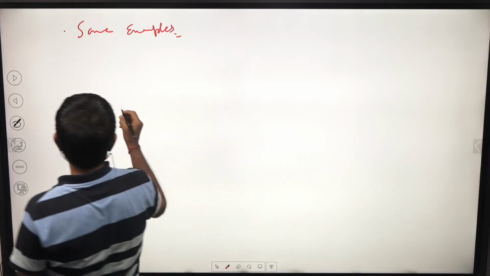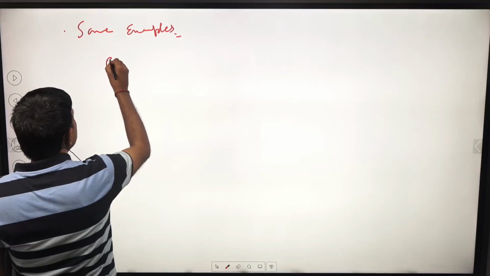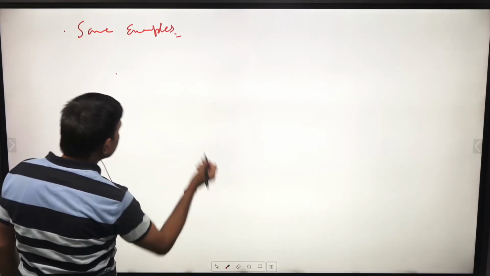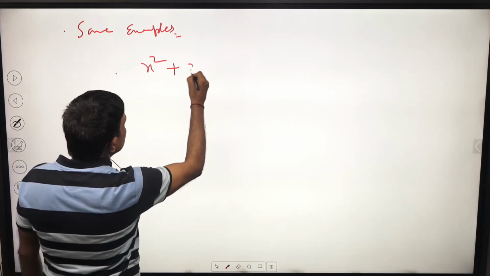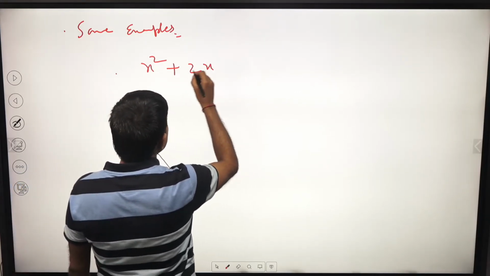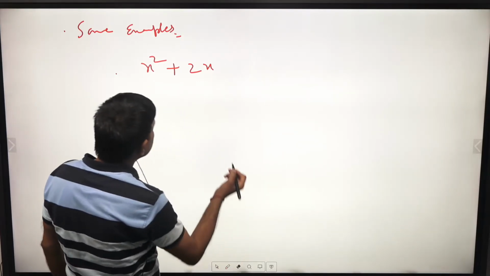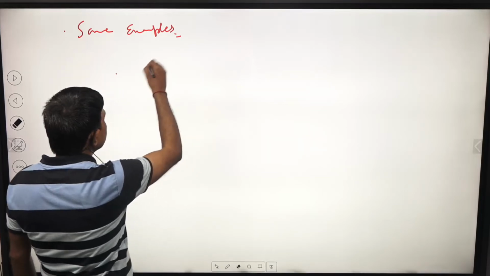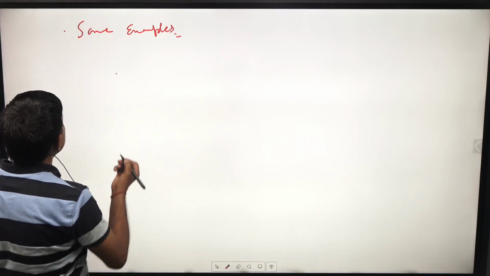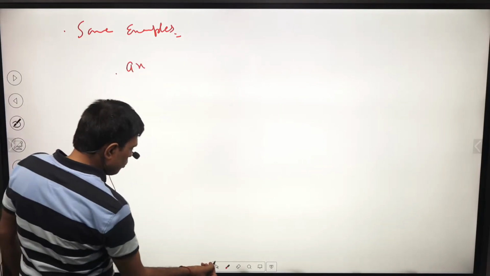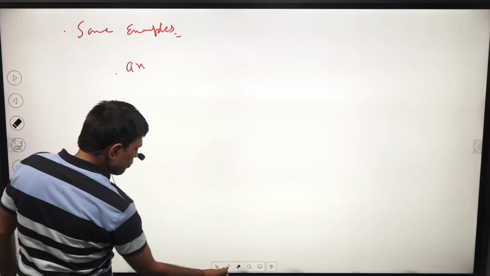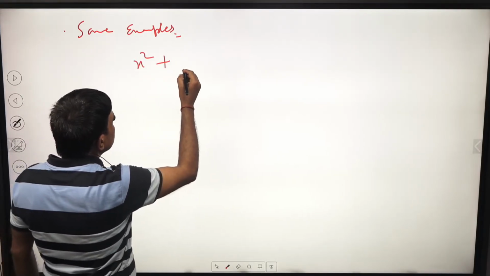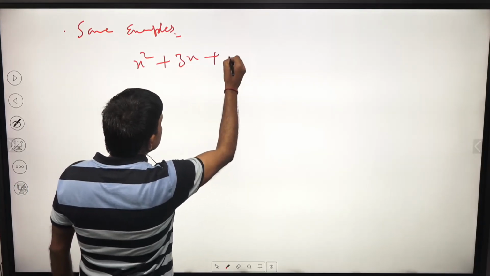Take another example, x square plus 3x plus 9 equal to 0.